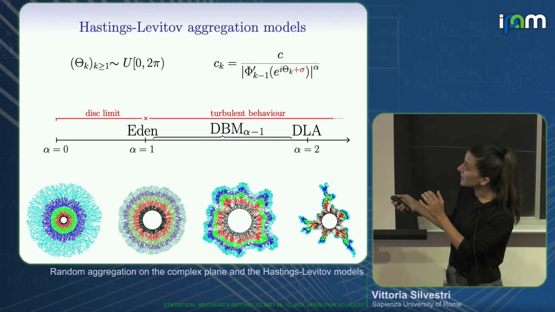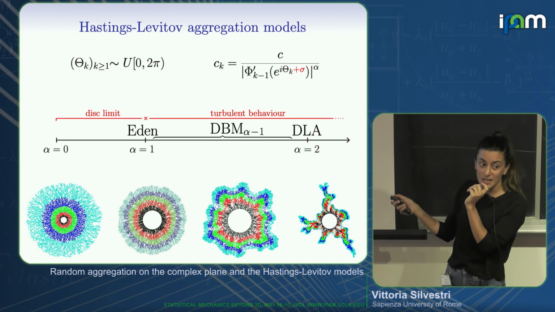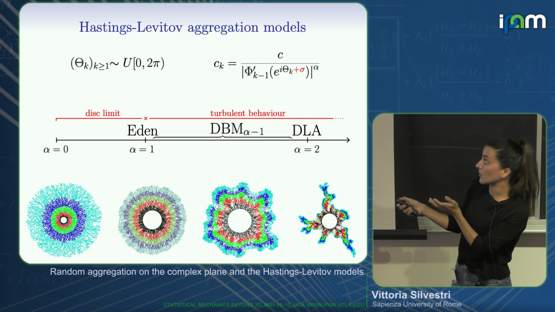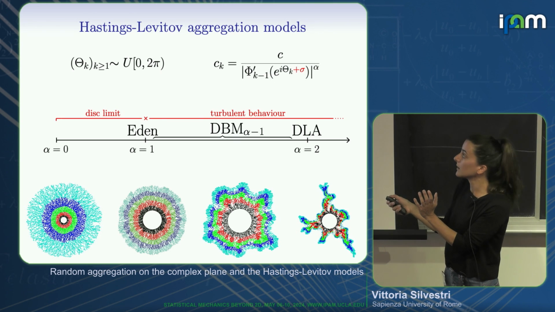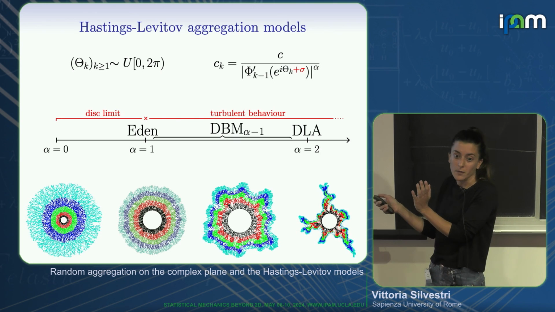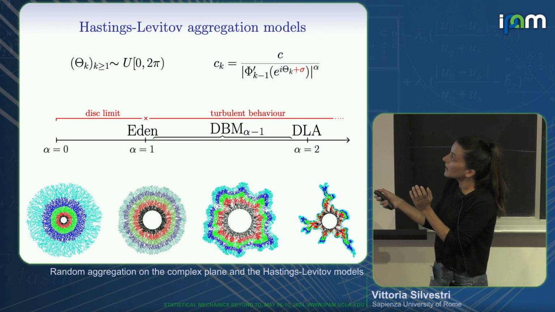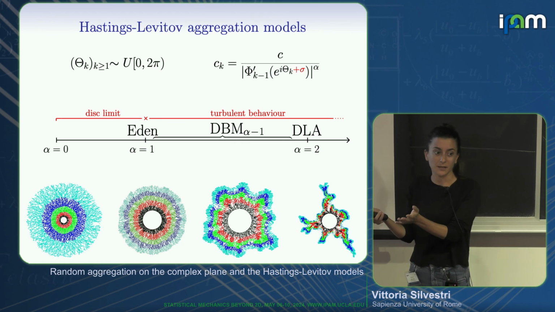So just to get started with the analysis, let's introduce a regularization parameter sigma, which says, rather than looking at the derivative of this map right on the boundary, where it could be 0, it could be infinite, we're going to move slightly away from the boundary. We hope that if sigma is small, as the cluster grows, this regularization shouldn't really matter.